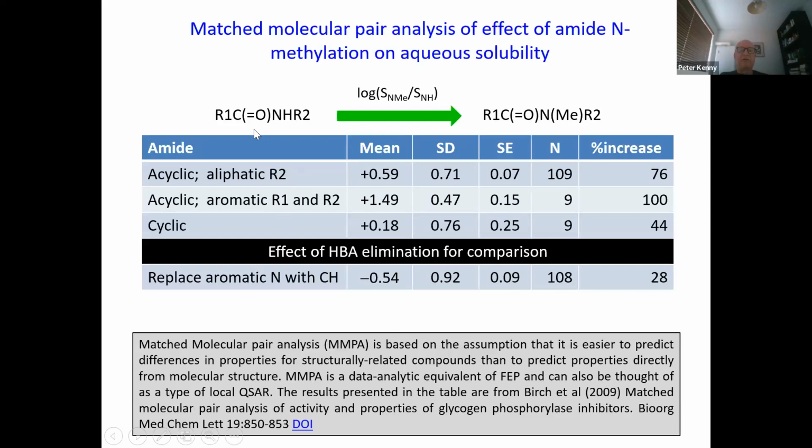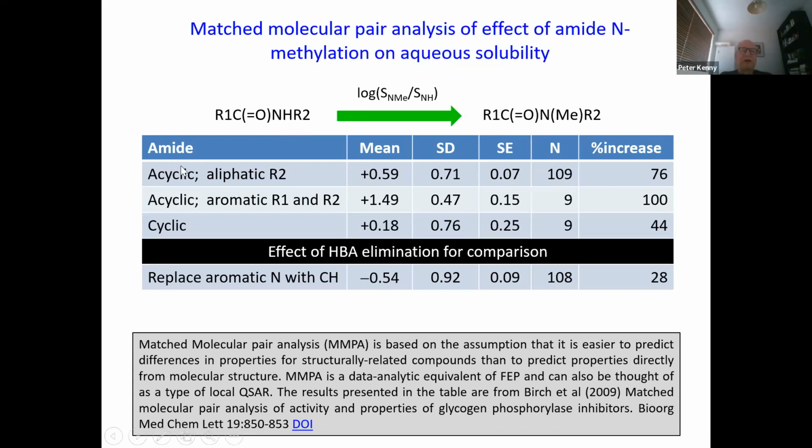What I've got here are secondary amides, and what I do is methylate them. Now, if you're thinking about solubility from a perspective of polarity and lipophilicity, you'd expect that you've got rid of a hydrogen bond donor, so the molecule is not going to be as well solvated, and it's going to become less soluble.